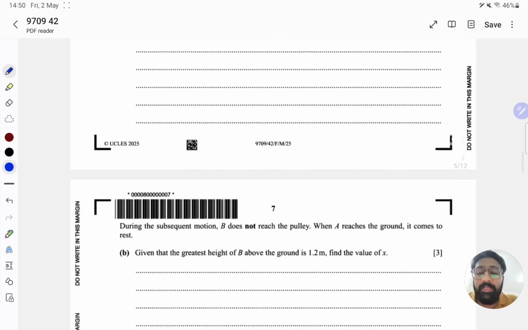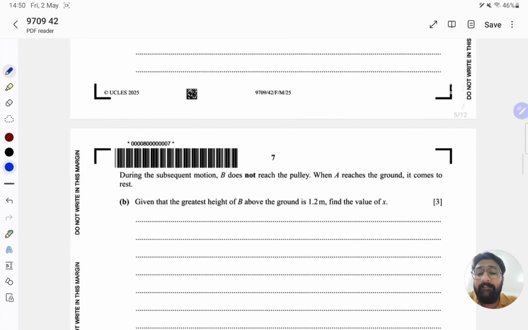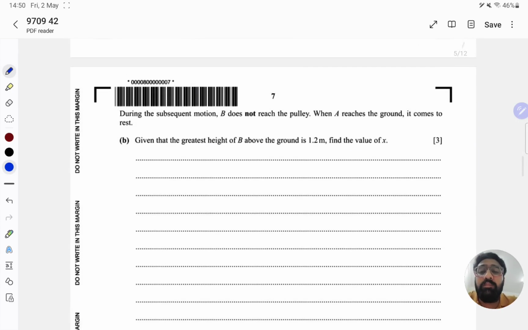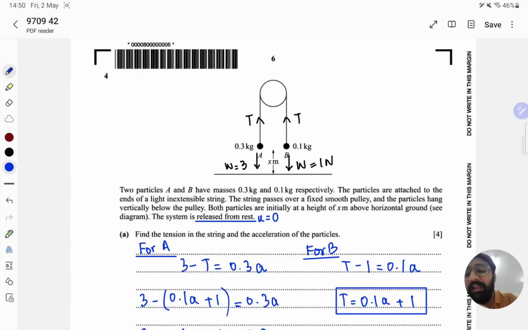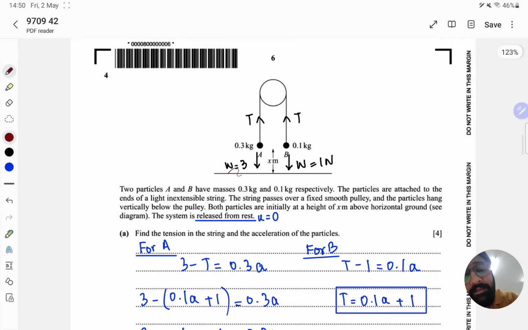Let's move ahead. The next part is: during the subsequent motion, B does not reach the pulley. When A reaches the ground, it comes to rest. So what is happening is that object A is going to go down and hit the ground over here like this. But object B is not going to touch the pulley; it is going to come right here.